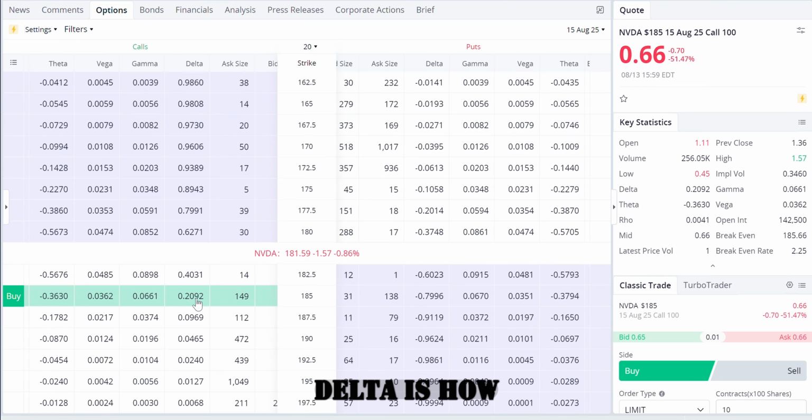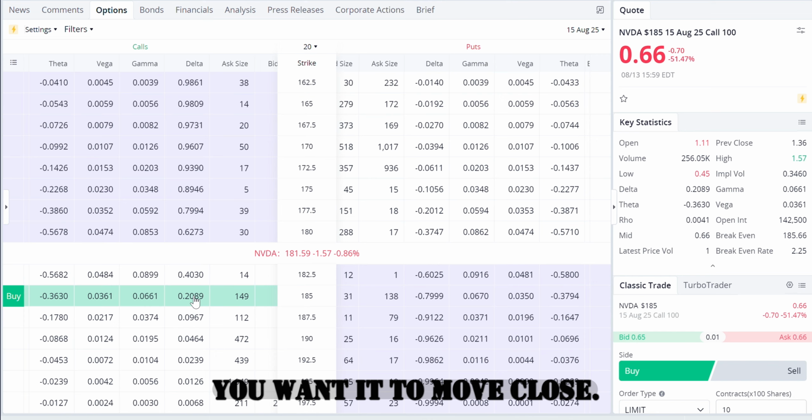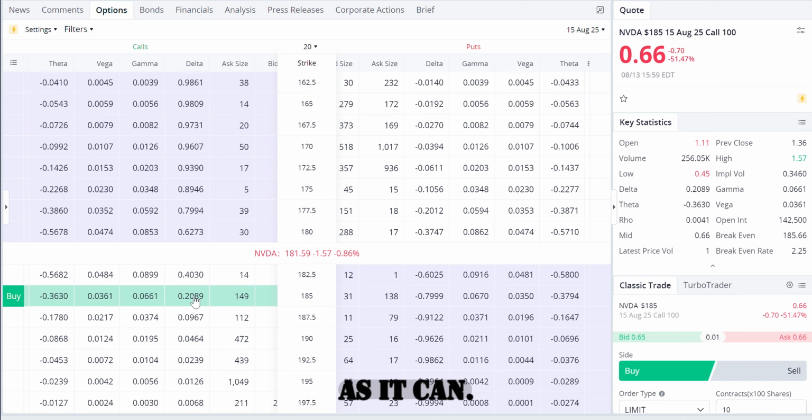Your delta is how your contract moves in relation to the stock price movement. And you want 0.30 or more. You want it to move as close as it can.